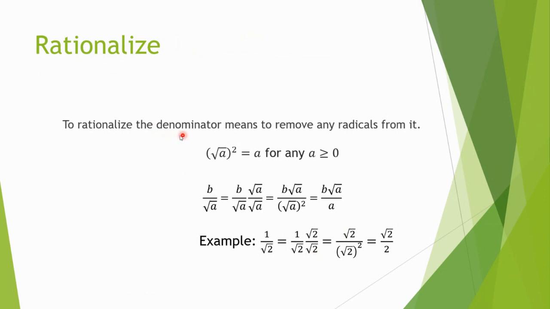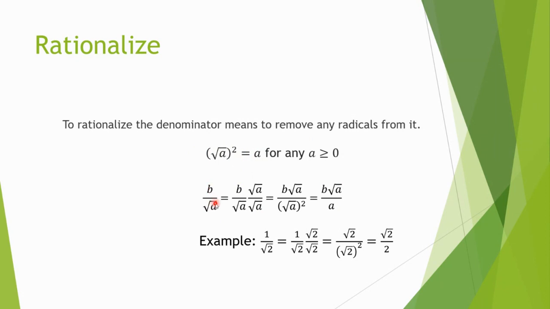To rationalize the denominator, what we're going to use is this property: if you square a square root, you get the number itself back. So if you take the square root of something, then you square it, you're back to where you started. So how do we rationalize? Well, this equation tells you what to do.